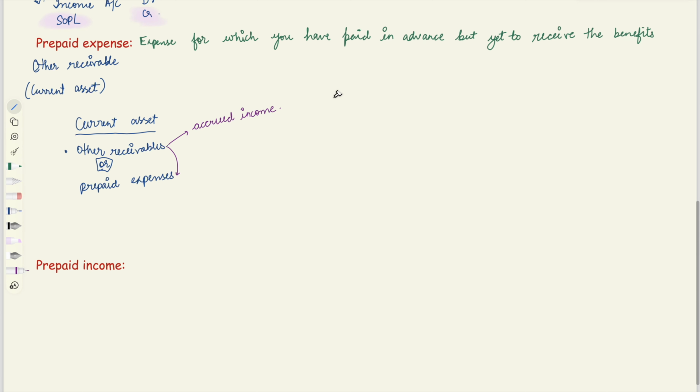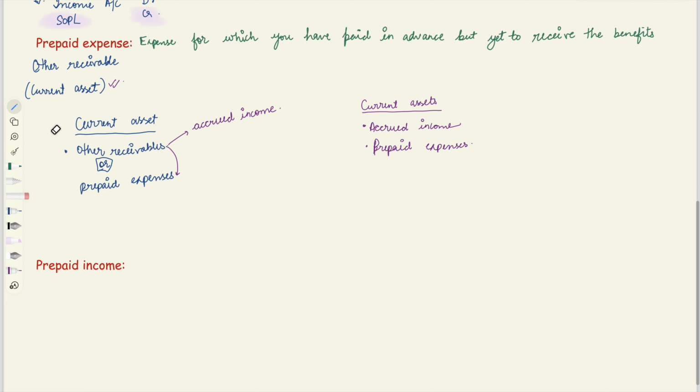So it can be either a part of other receivables or it can be shown separately in current assets. Most of the time we show both of them as a part of other receivables, so both balances will be added to the other receivable balance, but it can also be shown as accrued income and prepaid expenses. Okay, so this is how you show it in your statement of financial position. Again, it's an asset for me, so it will be shown in the current assets.